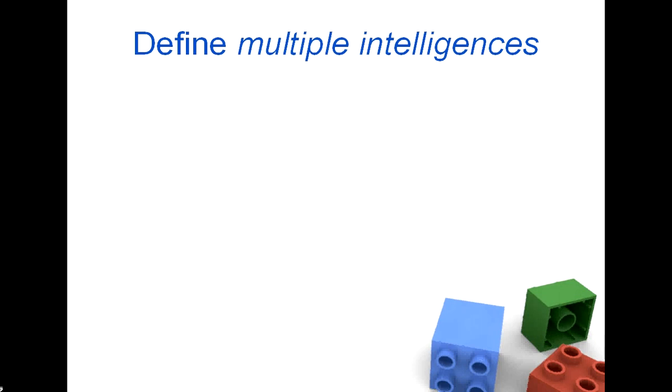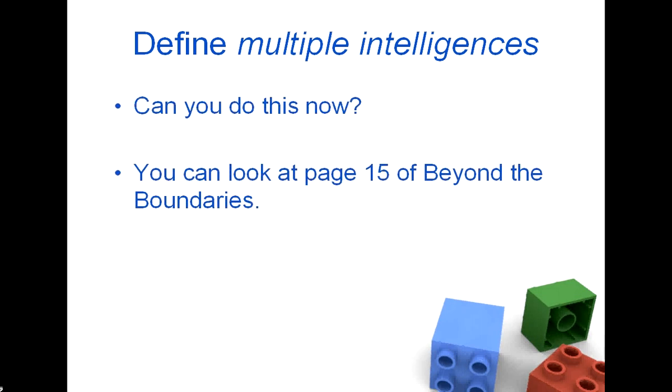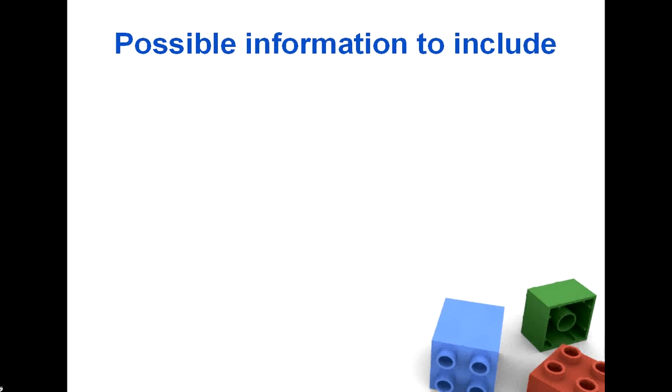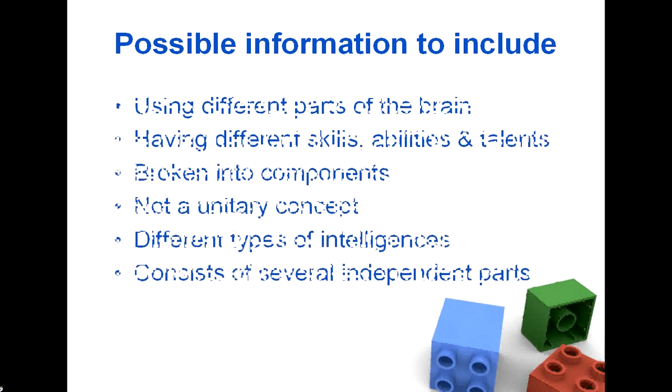So, thinking back to Unit 1, let's try and do this. Define multiple intelligences. Can you do this now? You can look at page 15 of Beyond the Boundaries. Here's some possible information to include in your answer.